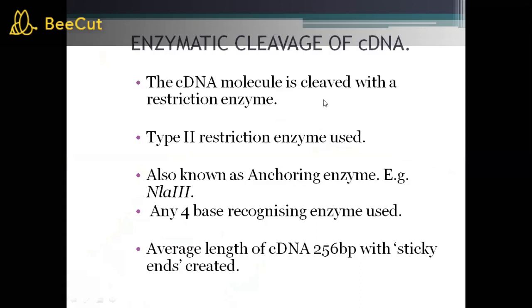After getting the double stranded cDNA molecule, we have to carry out the enzyme cleavage. So the cDNA is cleaved with a restriction enzyme. Two restriction enzymes are used, and the anchoring enzyme is generally used first. An example of this anchoring enzyme is NlaIII. Such types of enzymes we can use for the enzymatic cleavage.